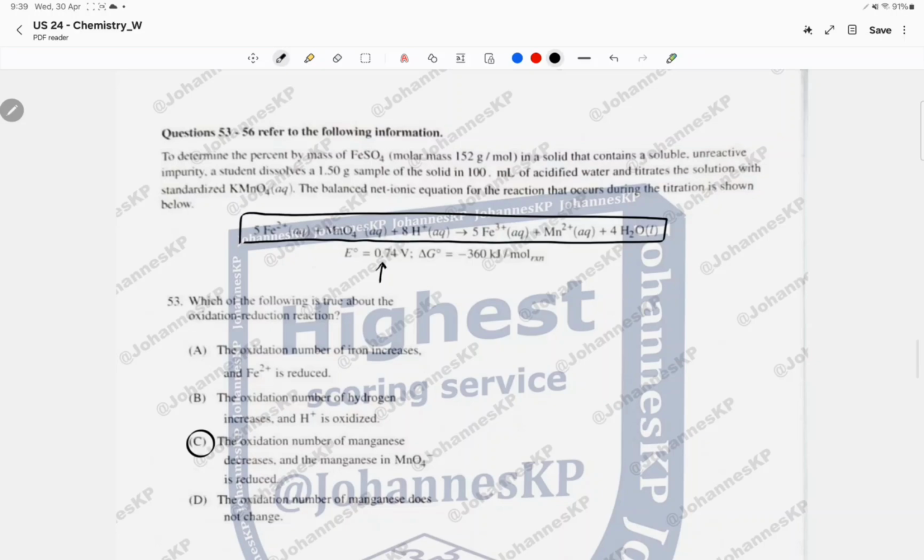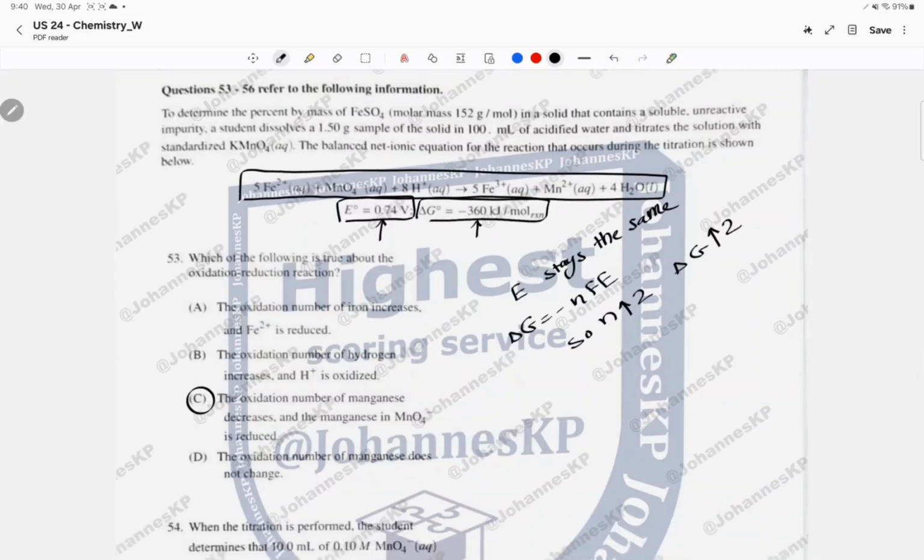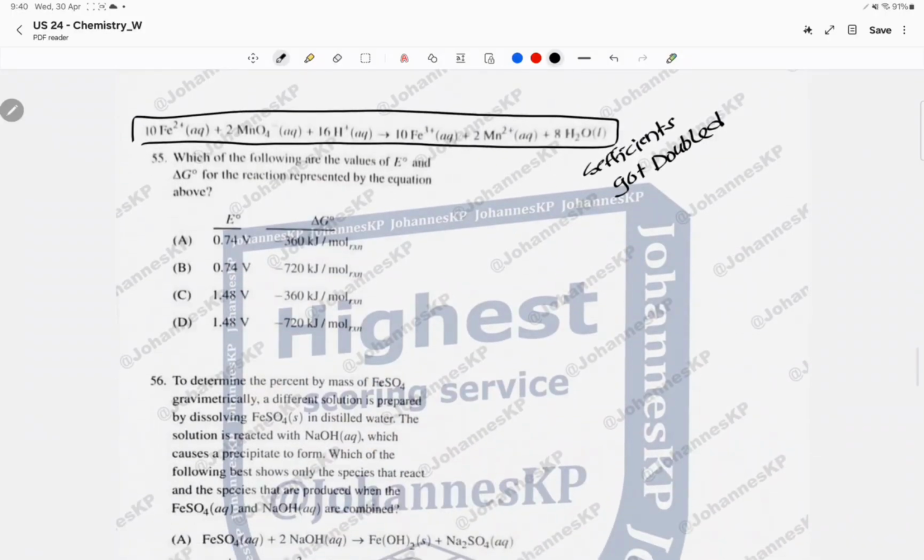So the old reaction had this much E and had this much delta G. And the rule says if you were to affect the coefficients, the E will stay the same. Okay? But delta G is equal to negative NFE. So if N doubles, delta G will also double. So the E will still be 0.74, but delta G now will get doubled. So the answer is going to be choice B.